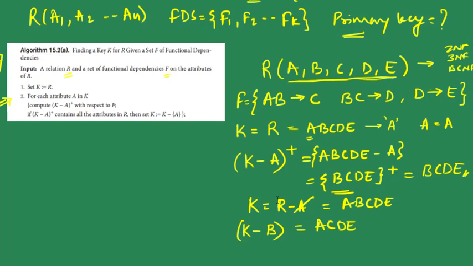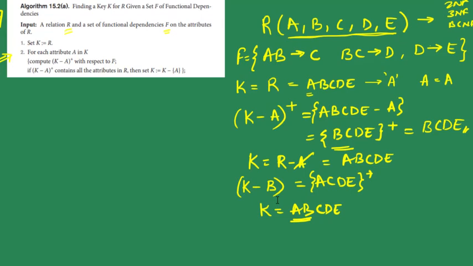D is there, but D has already included E. So this will be the K minus B plus. Okay, so ACDE will not contain all the attributes in R. So in that case, we cannot do away with B. So key will remain as A, B, C, D, E. It means B is an essential part of the key.